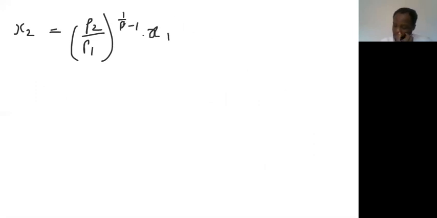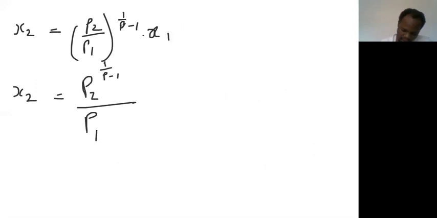Now we solve for x1 and we know x1. So I'm now going to replace x1 into this. So I will say x2 is equals to, let me simplify it, P2 1 over phi minus 1 all over P1 1 over phi minus 1 multiplied by x1, and we know x1 to be what?